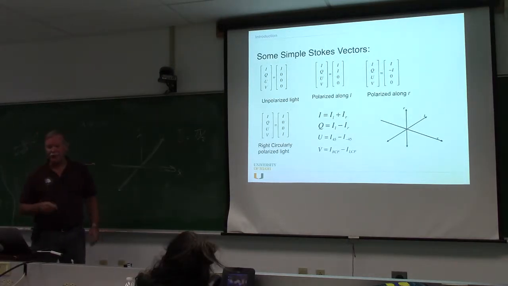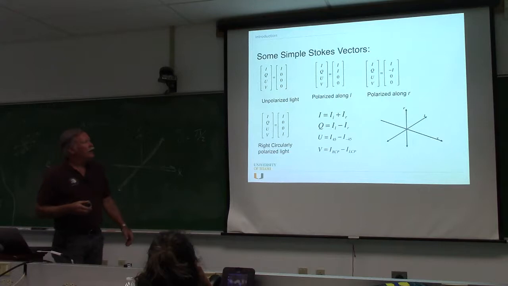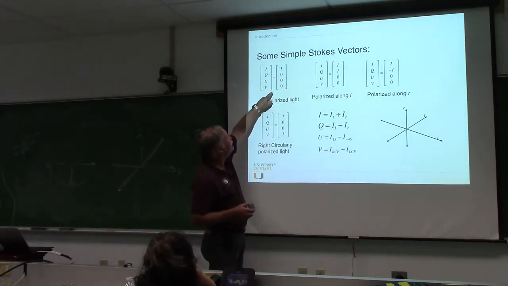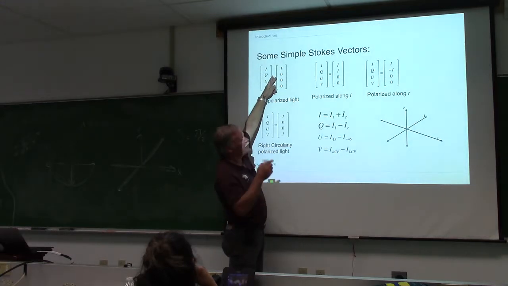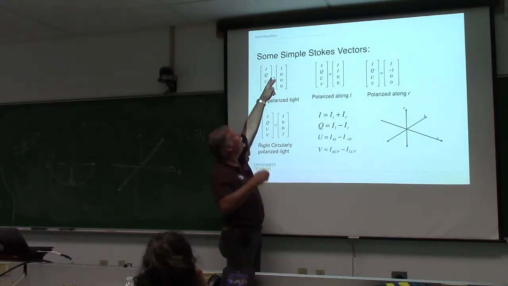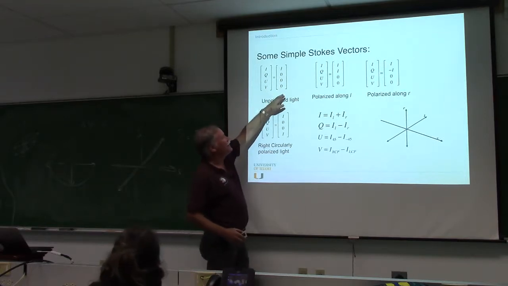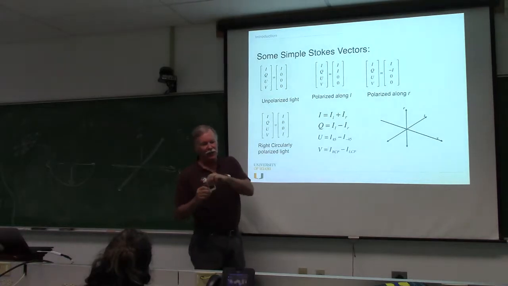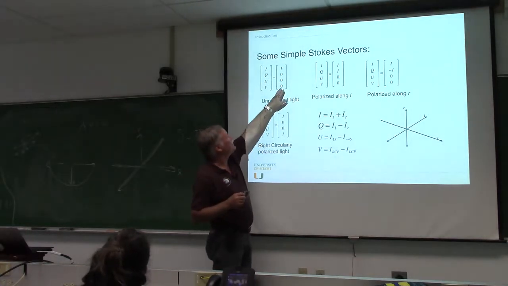Some simple Stokes vectors. Unpolarized light is I, 0, 0, 0. Q is equal to 0 because if you put a polarizer here, you'd see as much in one direction as the other. So that's 0, that's 0. Same thing, if you had a right circularly polarized analyzer or a left circularly polarized analyzer, you get the same in either one, so you get 0.